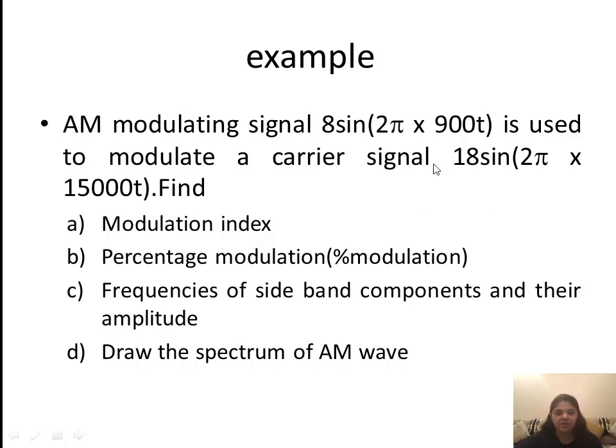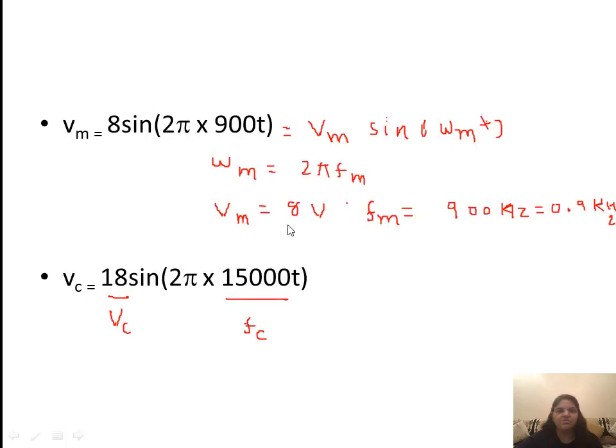Now the equation is Vm equal to 8 sine 2 pi into 900t. So it is Vm sine omega mt, where omega m is equal to 2 pi fm. By comparing, capital Vm, the maximum amplitude of the modulating signal, is 8 volt.